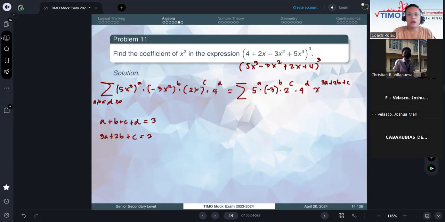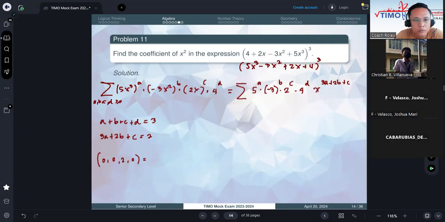Now, when can we have 2 for this? Say that we have 2 for this if our a is 0, b is 0, c is 2, and d is 0.